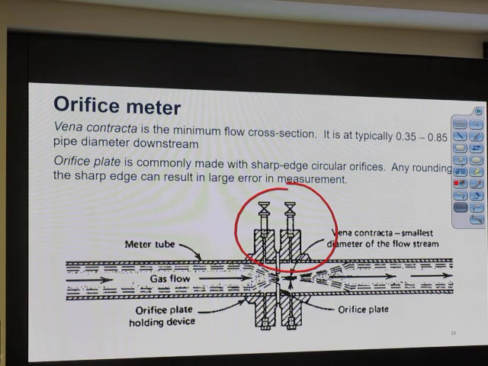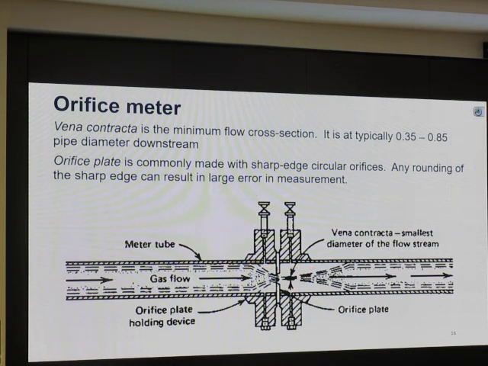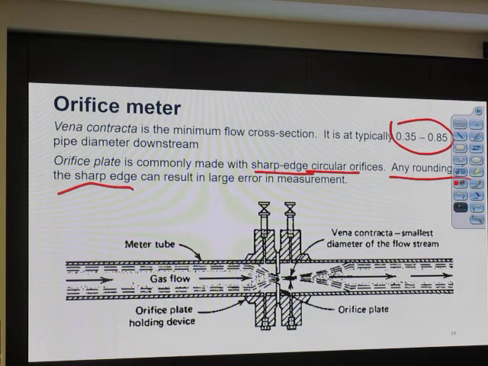If it goes close to 0, there could be a change of that location and it may have more error. The orifice plate is commonly made with a sharp edge, circular orifice. Any rounding of the sharp edge results in error in measurement. The Vena contracta is about 0.35 to 0.85 diameter downstream. So it's not at that point.